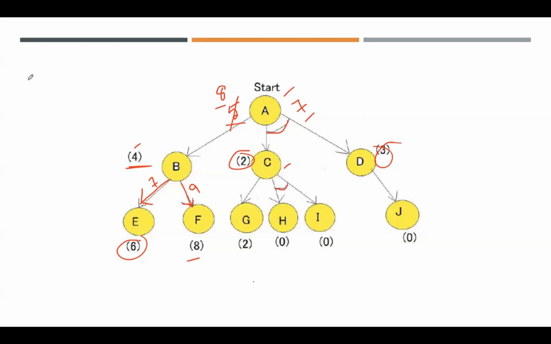So calculate f of C to G, which is equal to G of G plus H of G. G of G value is 1. H of G means the heuristic value on node G, that is 2. So here we got 3. So this value is 3.